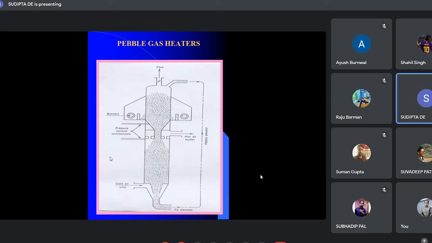So the decision of installation of a pebble gas heater will be justified only if a significant amount of waste heat can be recovered, which is actually generated by fossil fuel burning. I mean, you have costing from either side. If you don't install this waste heat recovery, then fossil fuel based heat will go away from the system, or rather will be wasted to the atmosphere.